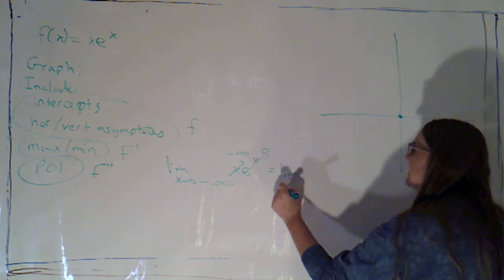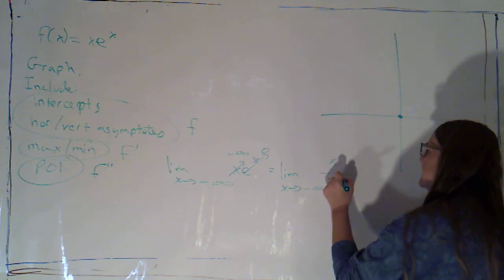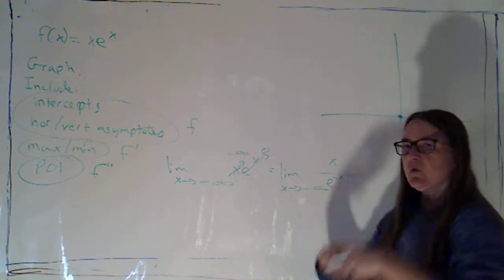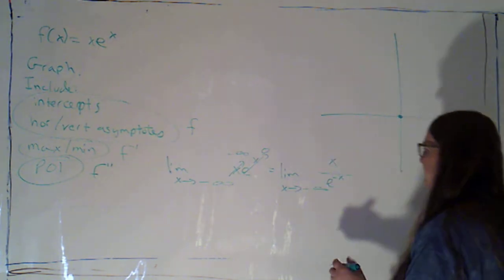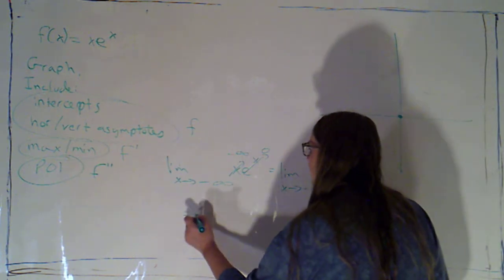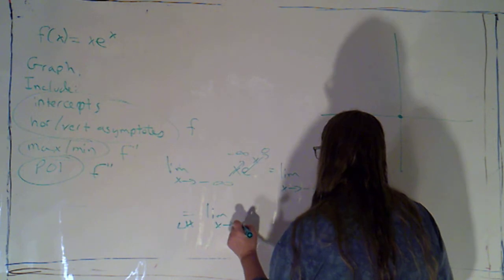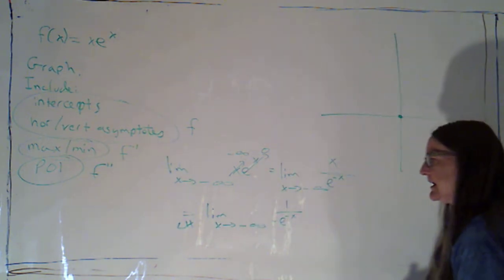I'm going to rewrite that as the limit as x goes to negative infinity. Keep the x there, write that as e to the negative x. I want to move whichever piece I can move without making its derivative much more complicated. Okay. Because now I can L'Hopital this, so this becomes the limit as x goes to negative infinity of 1 over negative e to the negative x.